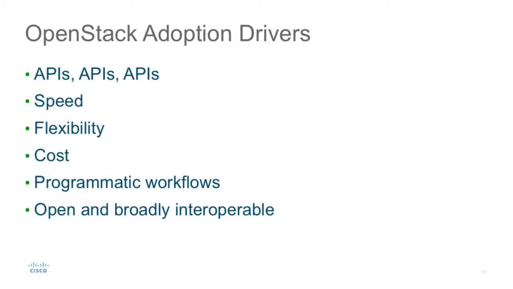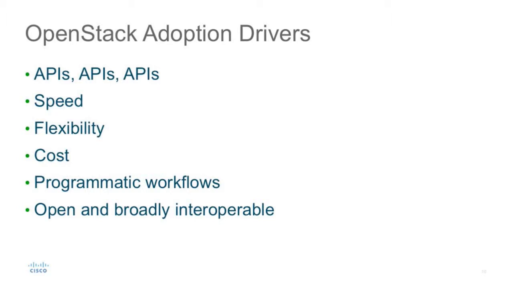And that drives me to the drivers that are driving adoption of OpenStack. The APIs are really, really critical. I think that's probably the most important thing, the speed and flexibility that provides. But then, of course, there's that modularity, the cost savings, with being able to repurpose resources rather than having them dedicated, specific resources for one specific application.